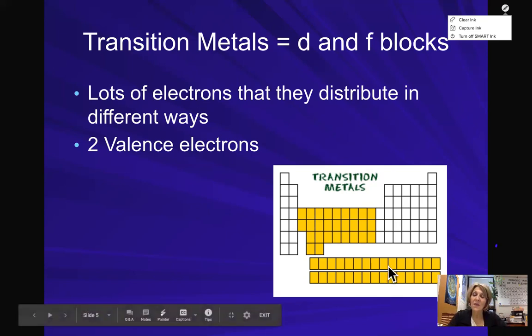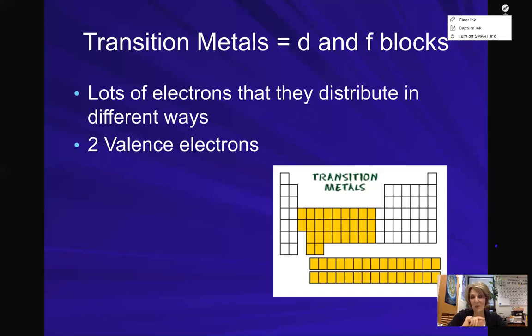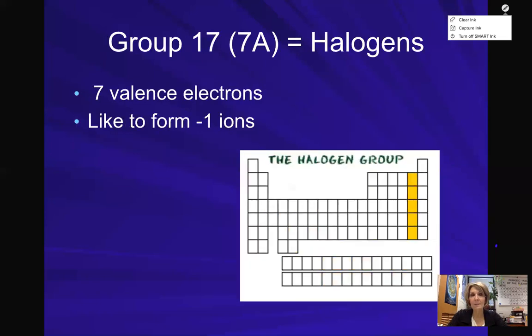And so because of that, we say they have variable charges. They're always going to be positive, but they're going to have variable charges. And that's why we use Roman numerals for this group, right? To show the charge, because it can be variable. But they all have 2 valence electrons, and a lot of times they make a +2 ion.